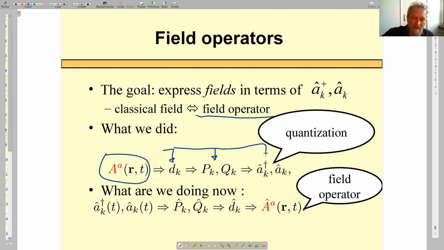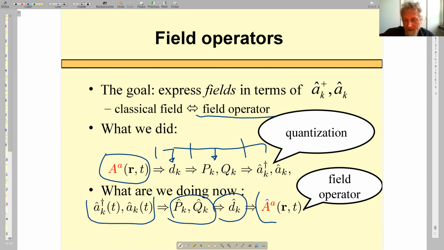So at each arrow, we got linear relations. Linear relations we can always invert. So what is to be done now is to get from creation and annihilation operators back to these quantities, and finally arrive at the operator.